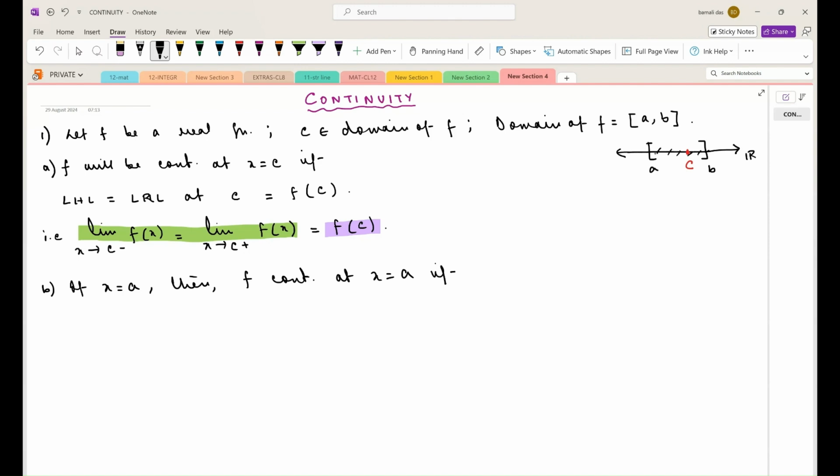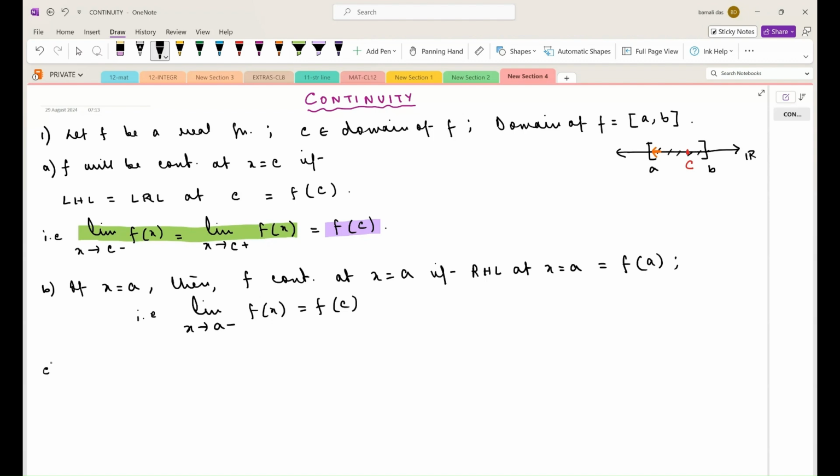So there is no question of discussing the left hand limit. So only the right hand limit at x equal to a equal to the functional value at a. That is, the limit as x approaches a from the right of f(x) equal to f(c). That means in this case, x approaches a from the right only. There is no existence of x beyond a, that is left of a. So that is what happens for the boundary points.